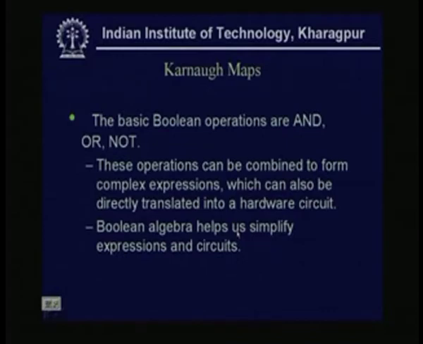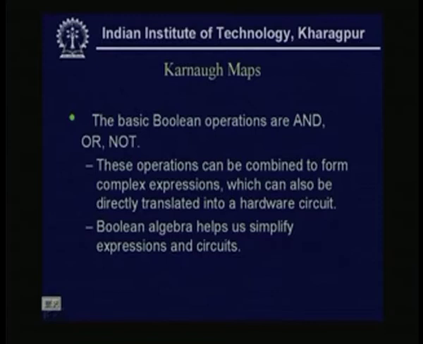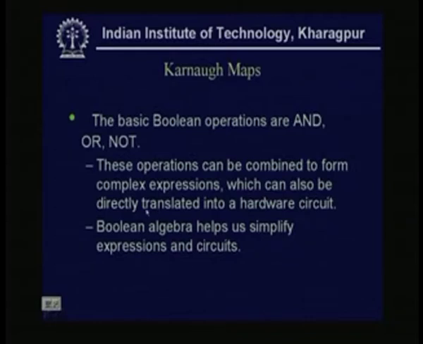Before giving the actual definition, again we recapitulate that the basic Boolean operations are AND, OR, NOT. That means complement, plus and the dot. These operations can be combined to form complex expressions, which can also be directly translated into a hardware circuit. That we discussed last class.